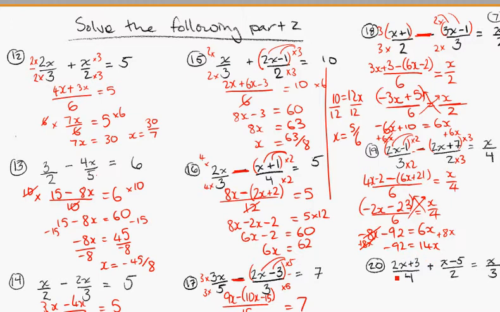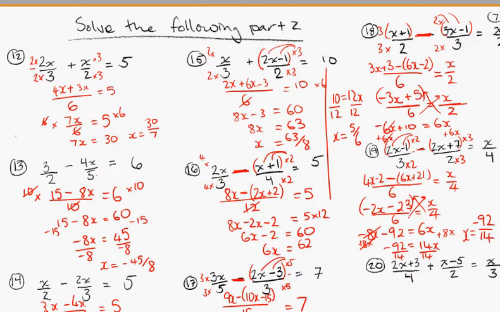So x is going to equal 92 over 14. Dividing both sides by 14, we're going to end up with x equals negative 92 over 14. Not nice at all. They're both even numbers, you can half them both.